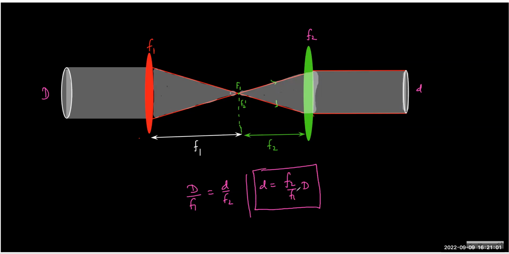So if you want to narrow it, what will happen? The f2 should be less than f1. If you want to magnify it, the f2 should be more than f1. That's logical, no? Yes. If you look at the ray diagram, that's meaningful. So the idea is simple.